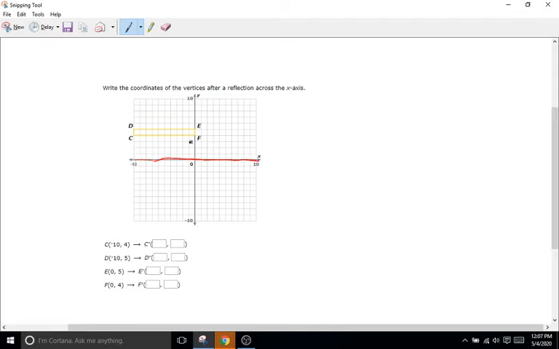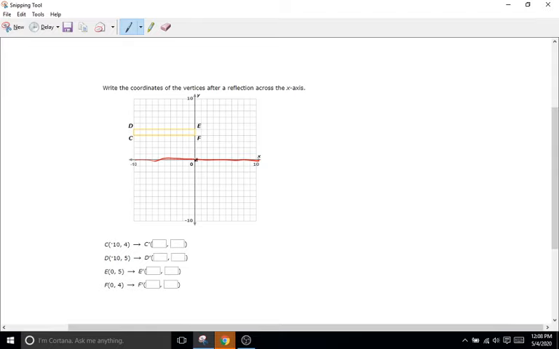Okay. And so when we reflect a point or a shape over a line, every pre-image point, so the point that is there first, is going to be the same distance from the line of reflection as the new point is going to be. So for instance, point F is 1, 2, 3, 4 away from our line of reflection, 4 units away.